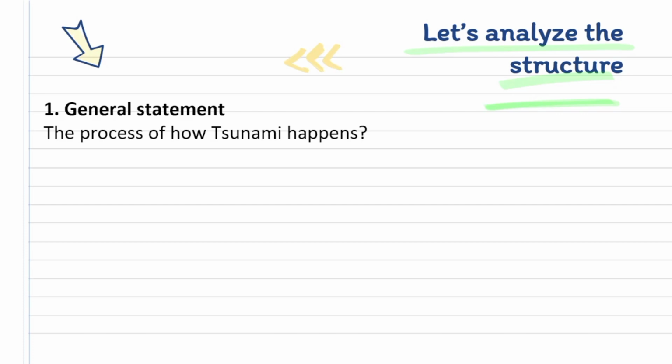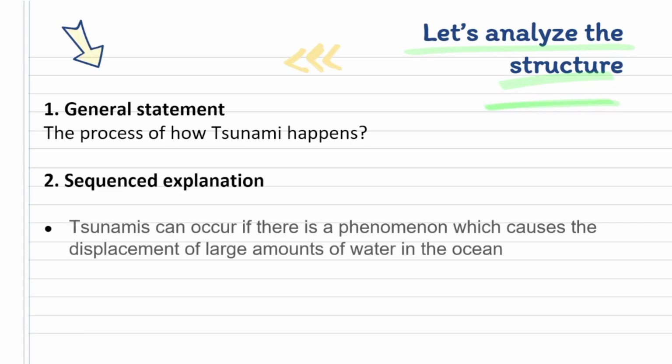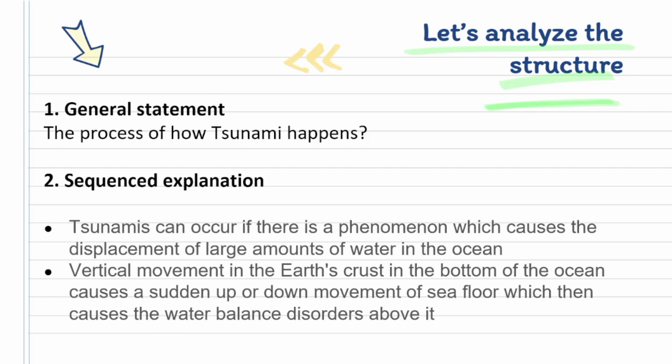Let's look at the generic structure. Let's analyze the structure of the text. The general statement is the process of how a tsunami happens. That's the general statement, the topic of this text. And then the explanation. First, tsunamis can occur if there is a phenomenon which causes the displacement of large amounts of water in the ocean.